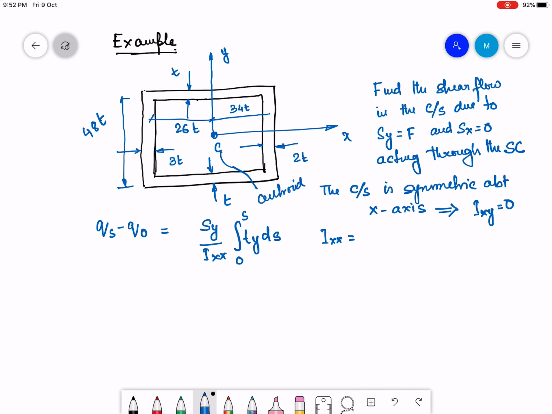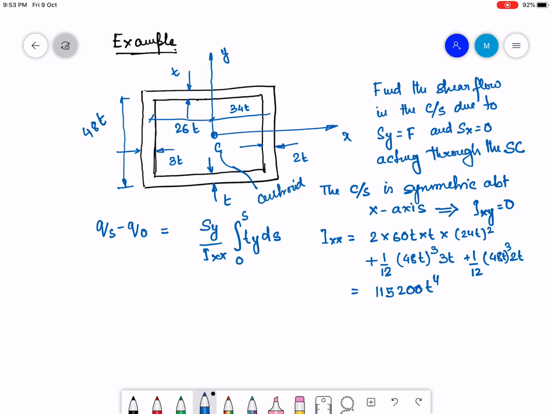For the top and bottom flanges, this is going to be 2 into 60T into T into 24T whole square, plus 1 by 12 into 48T whole cube into 3T, plus 1 by 12 into T into 2T, which if I calculate correctly, I'm going to get as 115,200 T to the power 4. So this is the value of Ixx.